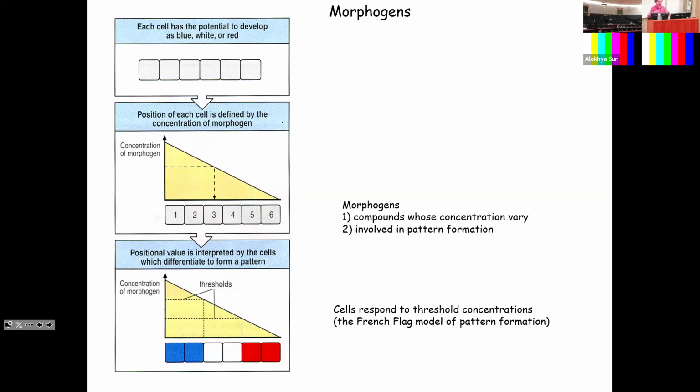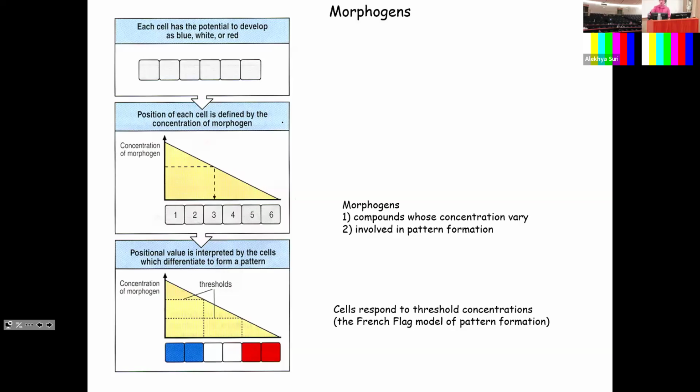It turns out that Sonic Hedgehog has a moiety of cholesterol covalently attached to it. That makes it a little bit more hydrophobic. So it travels through the extracellular space, but not quite easily. So it generates a gradient because of that. It's a slow kind of effort, right? And it generates a gradient.